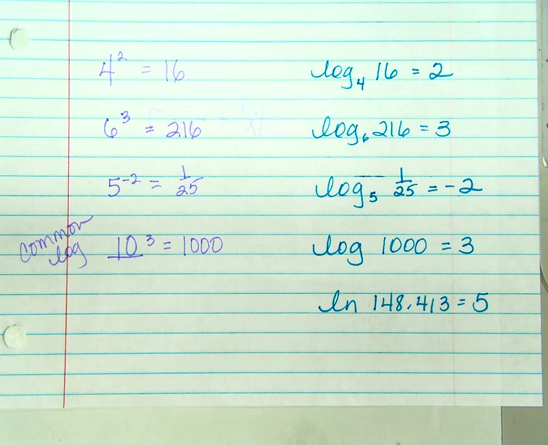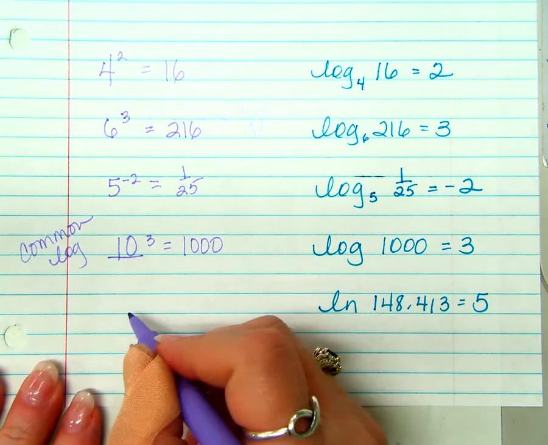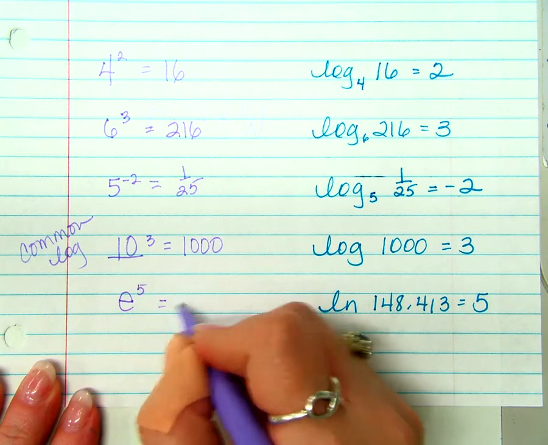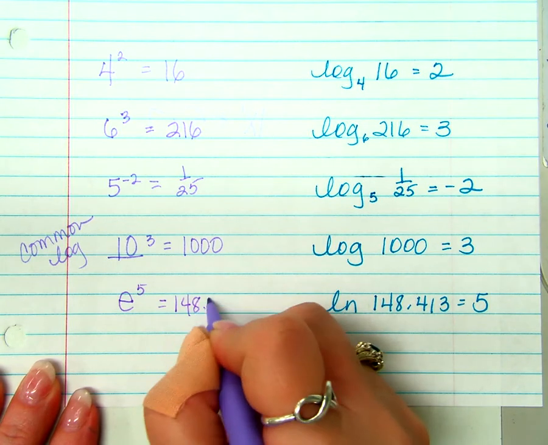E. That's exactly right. Okay? So the way we rewrite this one is we say e to the 5th equals 148.413.